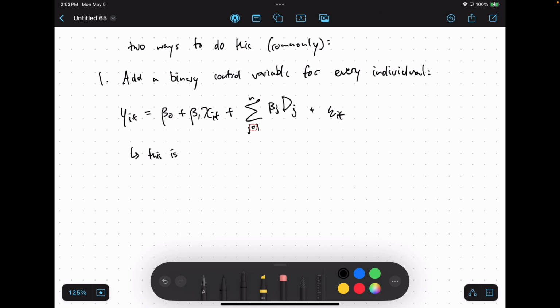This is more rare to see structured this way, especially if you have more individuals.